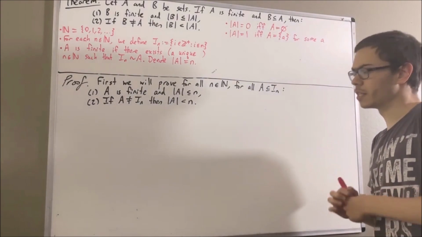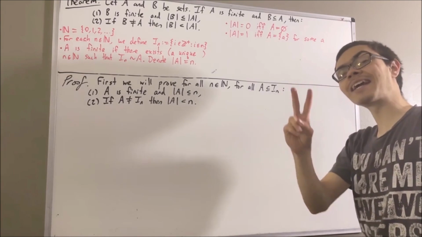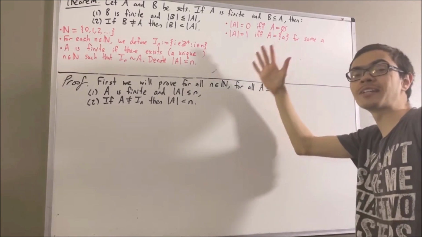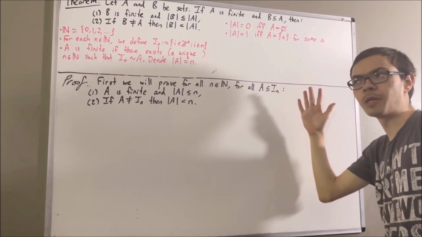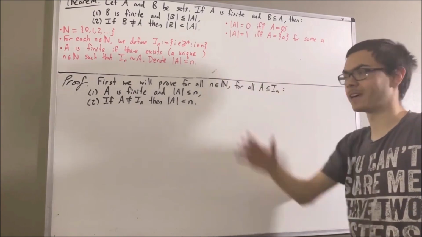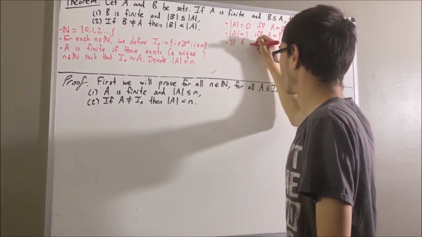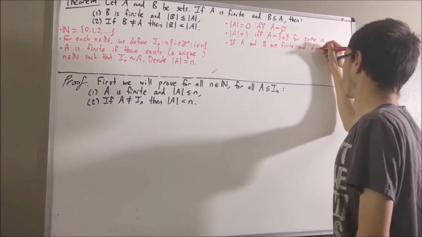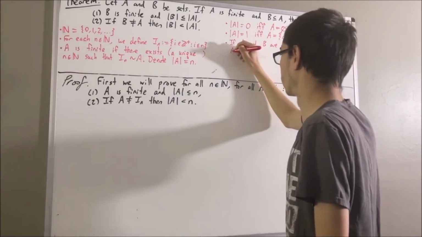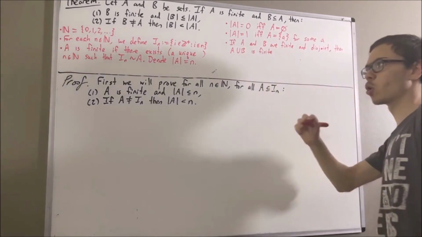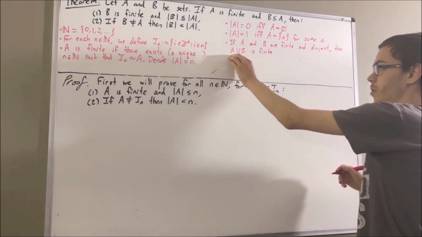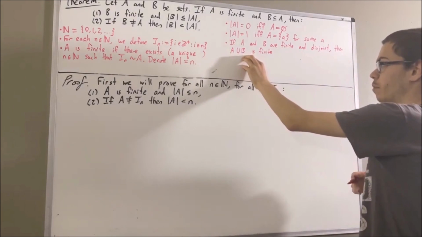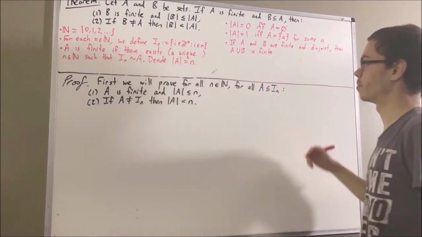And the third is given any two sets A and B, which are finite and disjoint, well, the union of A and B is also finite. Moreover, the number of elements in the union of A and B is equal to the number of elements in A plus the number of elements in B.